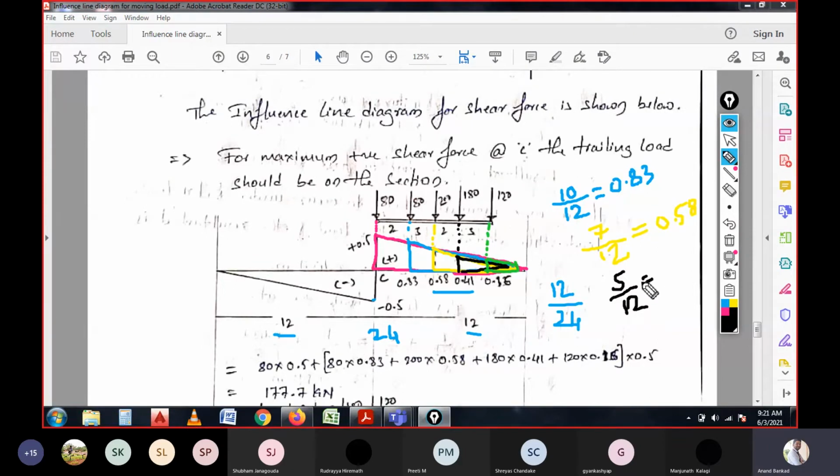So 5 by 12 will be 0.41. And again it is written for 2 meter, which is remaining on the side. So 2 by 12 will be 0.16.